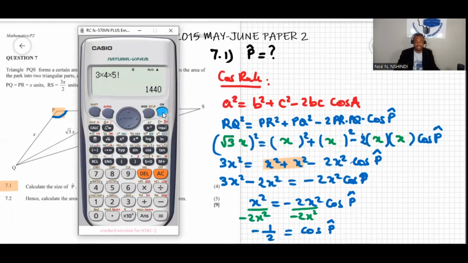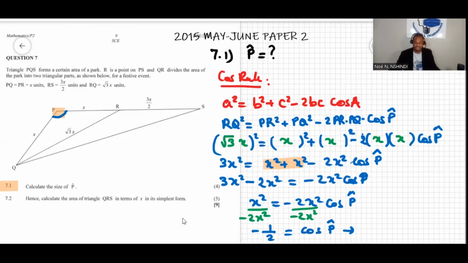I'm going to press the shift button and then press cos, and then write negative 1 over 2. This equals 120. So this means that the angle P is equal to 120 degrees.